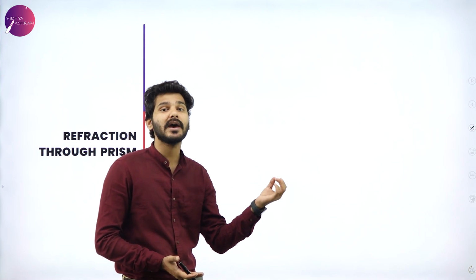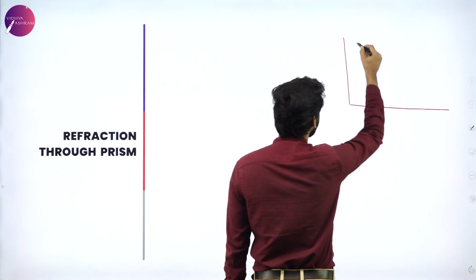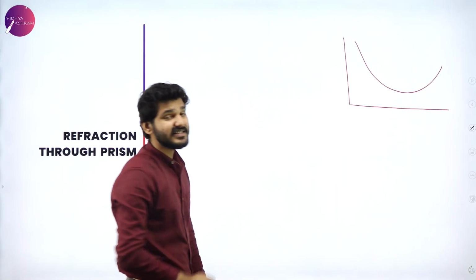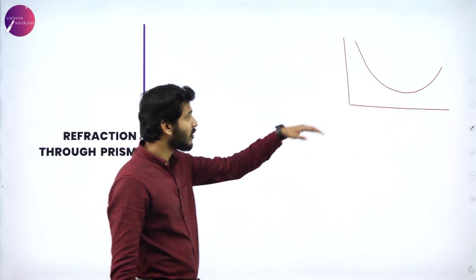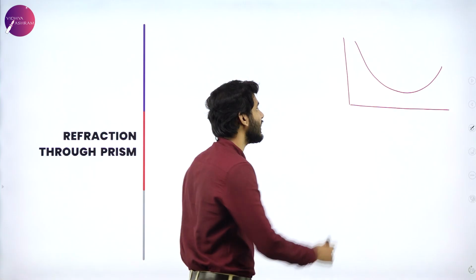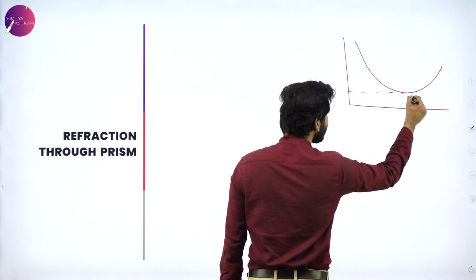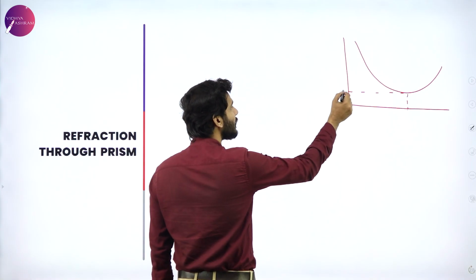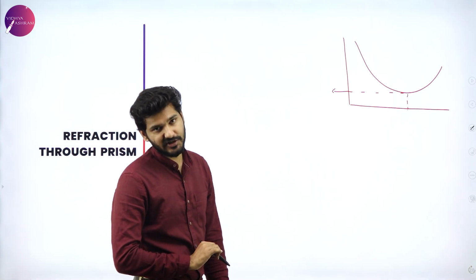I'm going to draw that particular graph and compare the results. This will be the nature of the curve, and I can clearly say that this particular point where the deviation is actually minimum is known as angle of minimum deviation.